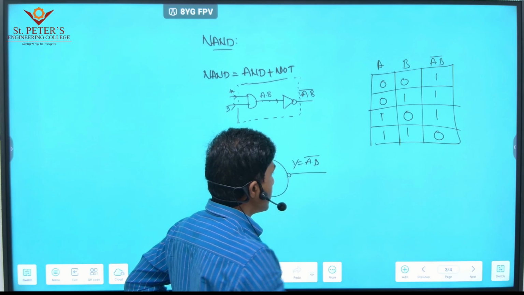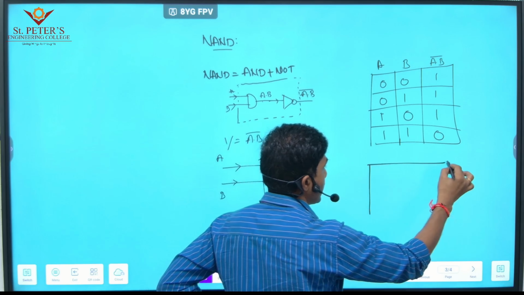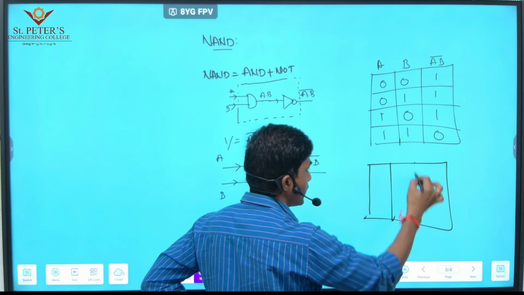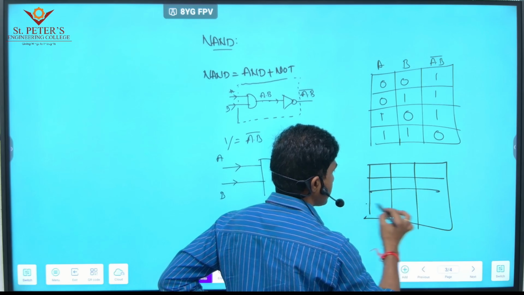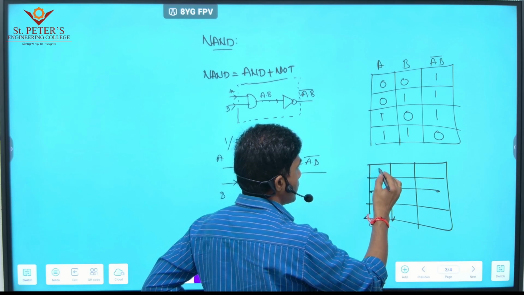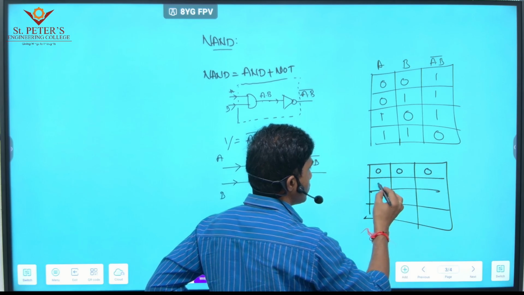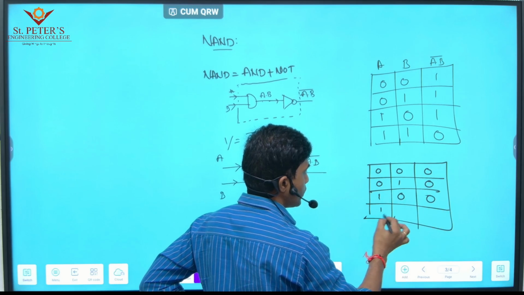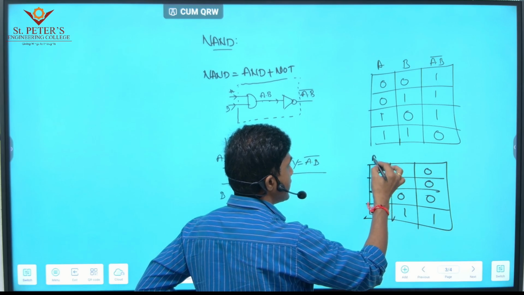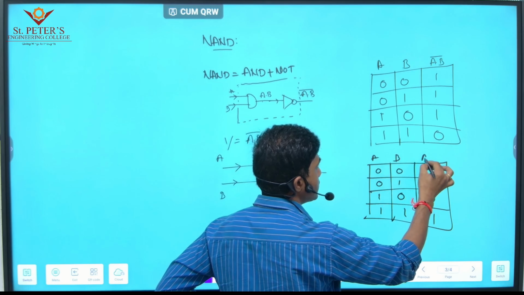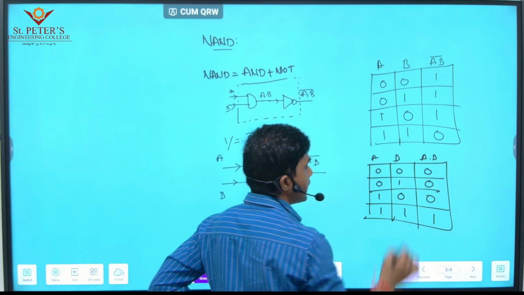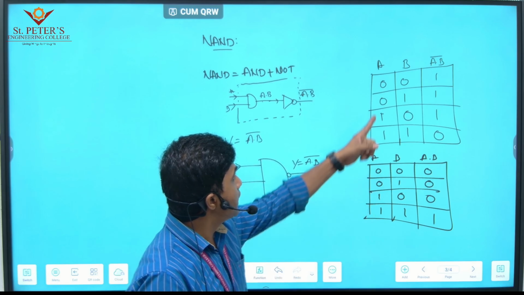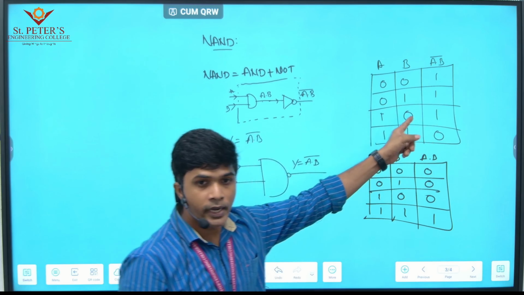So if you observe, let us consider the AND gate truth table and compare AND and NAND. For 0 0, 0 1, 1 0, 1 1, the AND outputs are 0 0 0 1. So this is A, this is B, and this is A dot B. A dot B is the AND operation, and A dot B whole bar is your NAND operation.